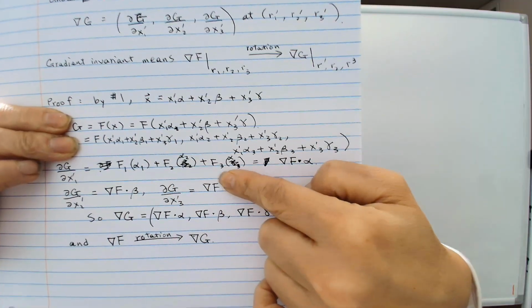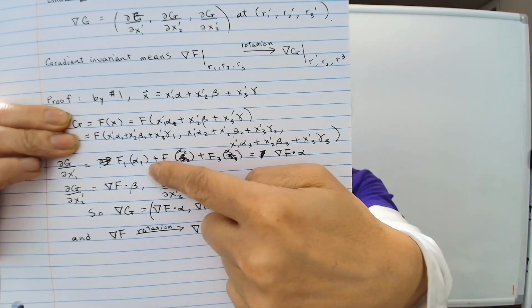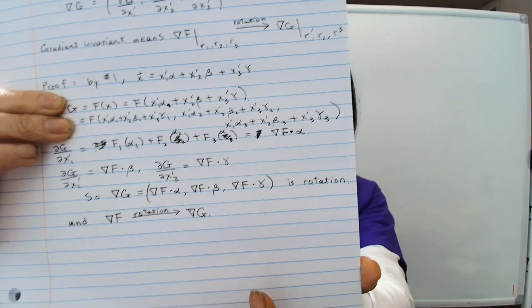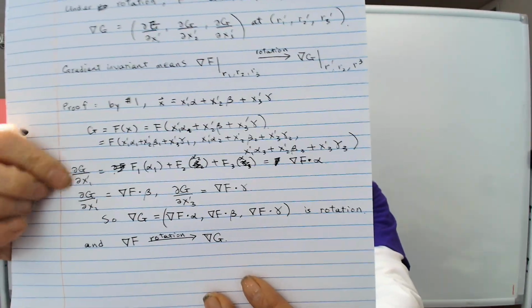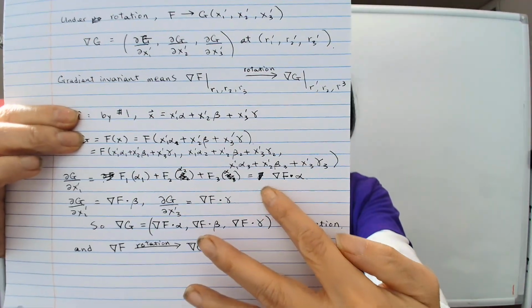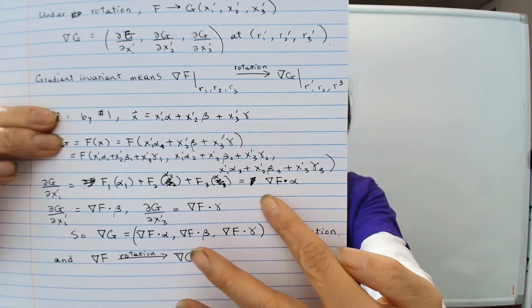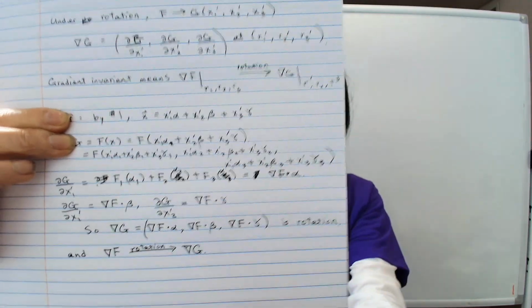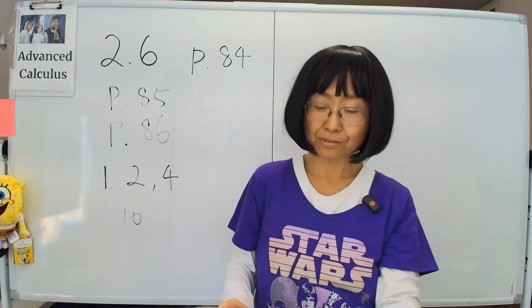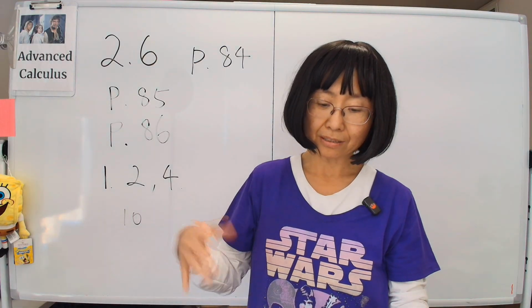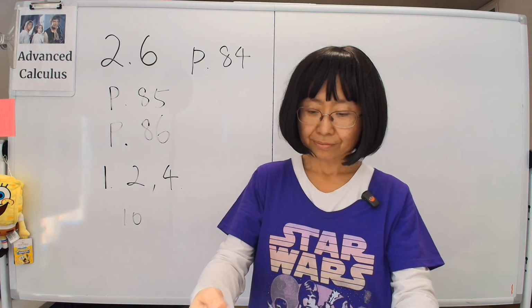So it's f1 times alpha 1, and f2 times alpha 2, etc. So the partial g partial x1 is the same as grad f dot alpha. And similarly, the other two are the same. Partial g partial x2 is del f dot beta, and the third one becomes dot gamma.